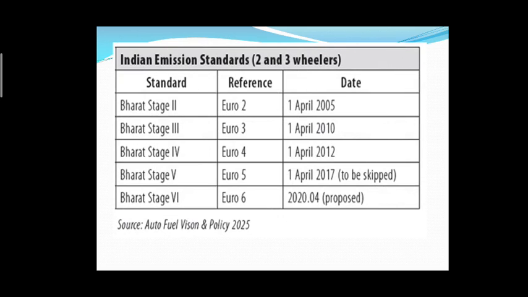This is an image of Indian emission standards for 2 and 3 wheelers. Bharat Stage 2 was established on 1st April 2005. Now in India, Bharat Stage 4 vehicles are allowed, but from April 2020, only Bharat Stage 6 vehicles are allowed.